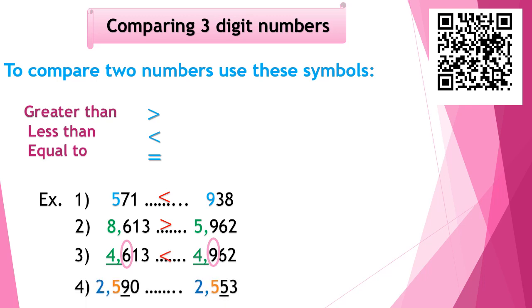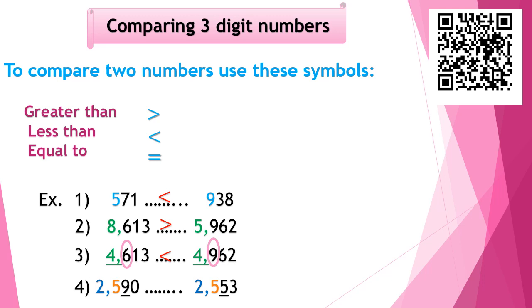The last example, I have here two numbers. The first number 2590 and the second number 2553. We will start comparing thousands and we will find they are the same.